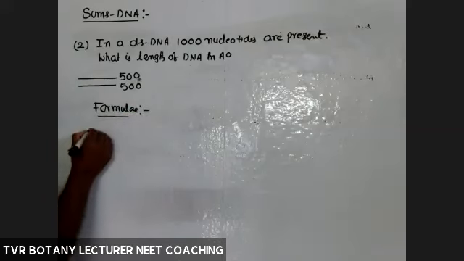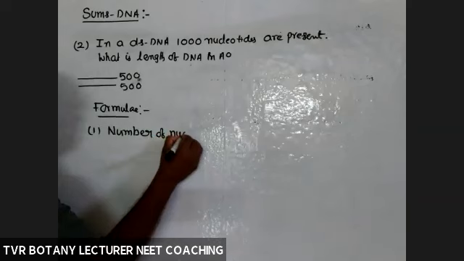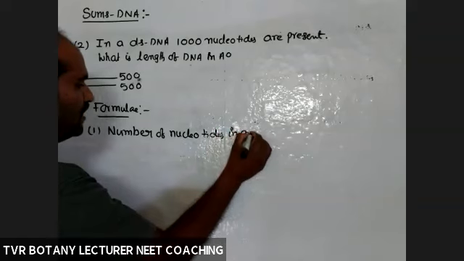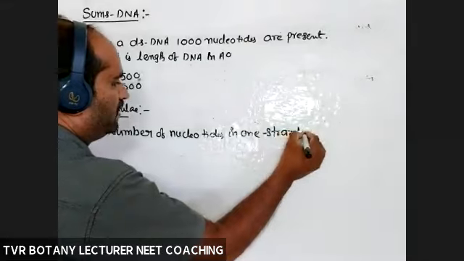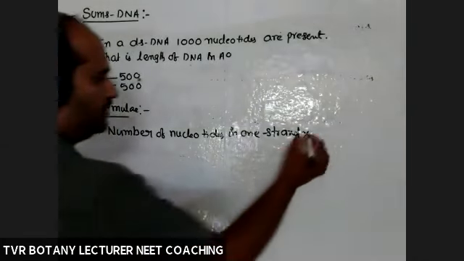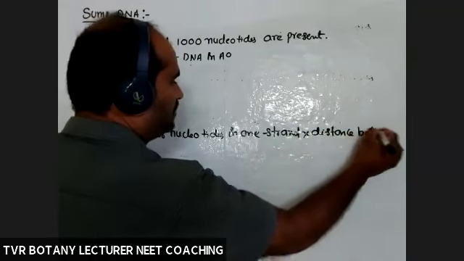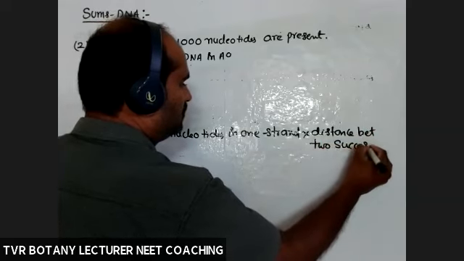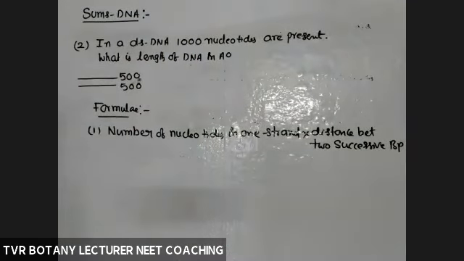First one: number of nucleotides in one strand of DNA, multiplied with the distance between two successive base pairs. That formula is enough for this one.